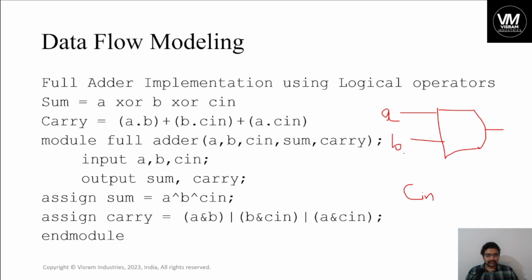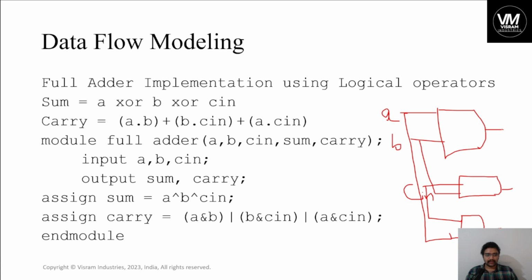So dot, it is another AND gate. A dot C in, again derive one element, and this is another AND gate for this.